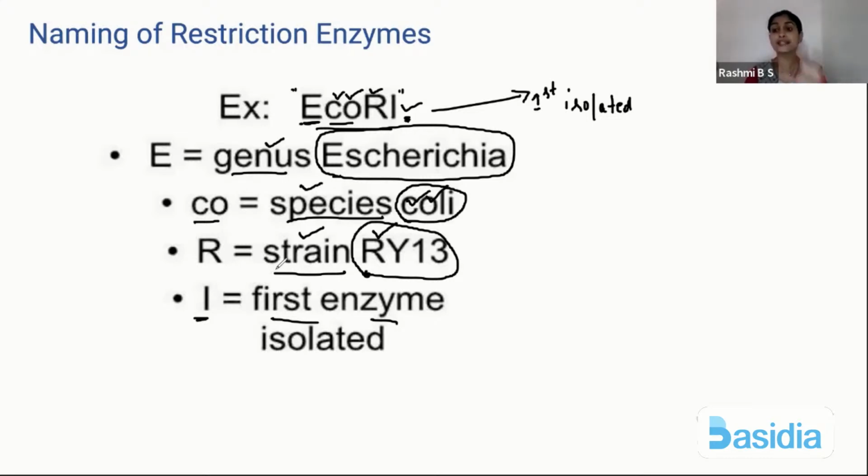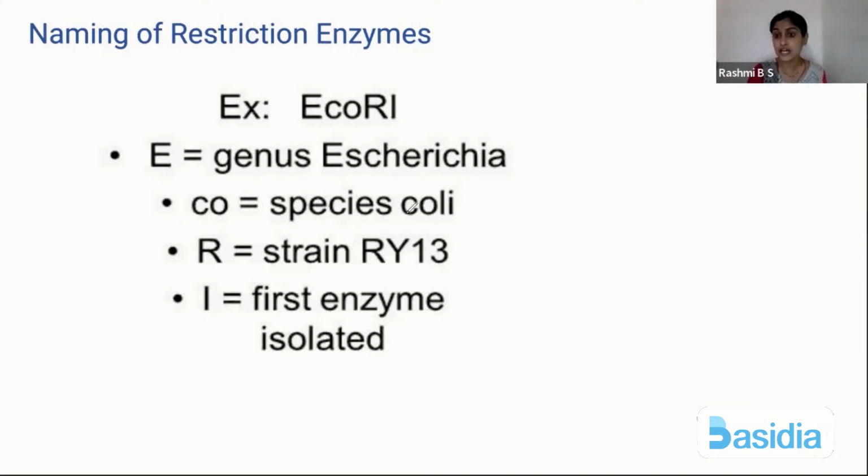If it is EcoR3, then it is the third enzyme isolated from Escherichia coli strain RY13. Hope you understood how to name restriction enzymes, with EcoR1 as an example. Similarly, we have BamHI and others. We have so many restriction enzymes.